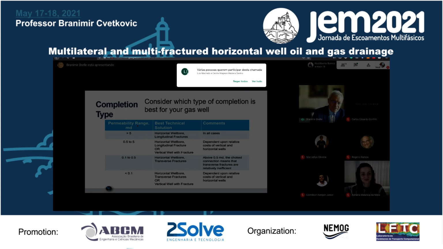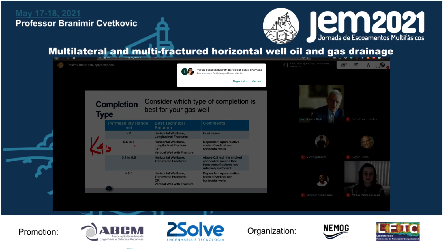So now I'm talking about formation permeability. For permeability bigger than 5 millidarcy, horizontal wellbore with longitudinal fractures will come in all cases. You see, the fracture choice strongly depends on the formation permeability.